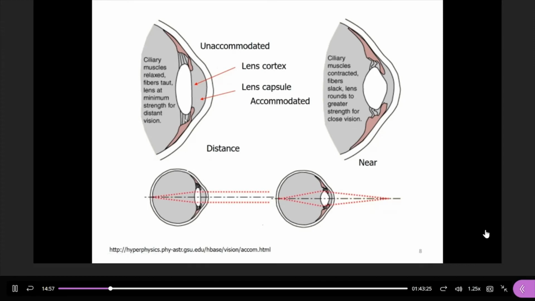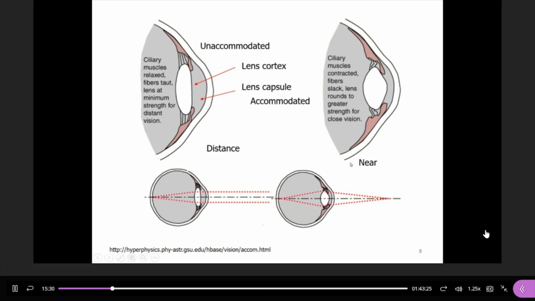As you can see, this ligament is firmly attached to the lens, particularly at the equator, and therefore the lens will adopt this kind of shape. It will achieve its thinnest position, having the smallest dioptric power. So that's why you can look at objects at distance.